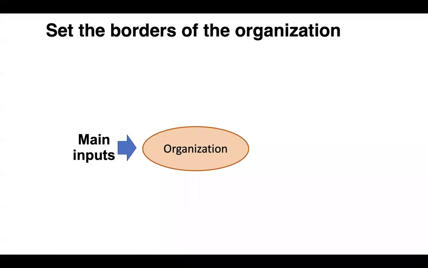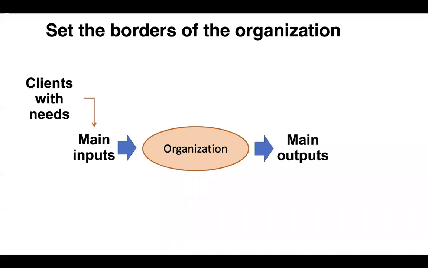So let us start with main inputs and main outputs, because different clients have needs, and those needs are the main inputs, and then the main outputs are how clients will be served. I don't like to use the words client satisfied because we hope they are satisfied. I think that putting client satisfied is a little bit arrogant, so at least we serve clients.